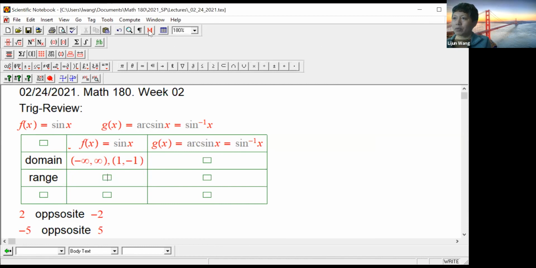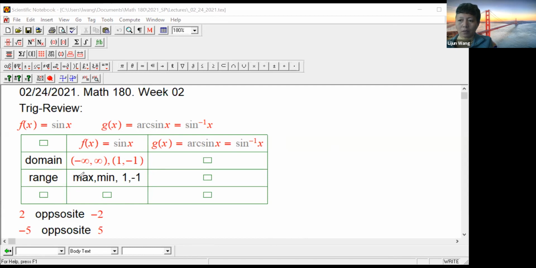Okay, I'm going to put your words there correctly, as you said. Maximum, minimum, 1, -1. Any other input? But this is not a range.